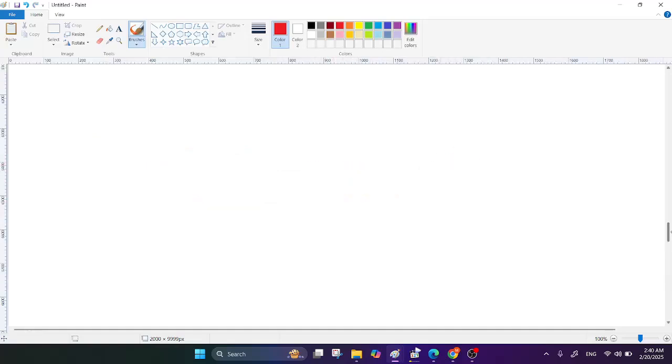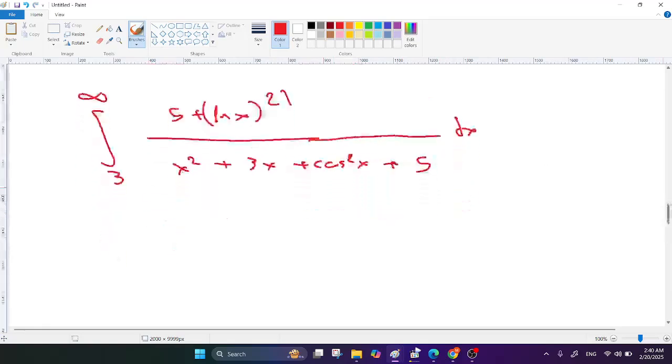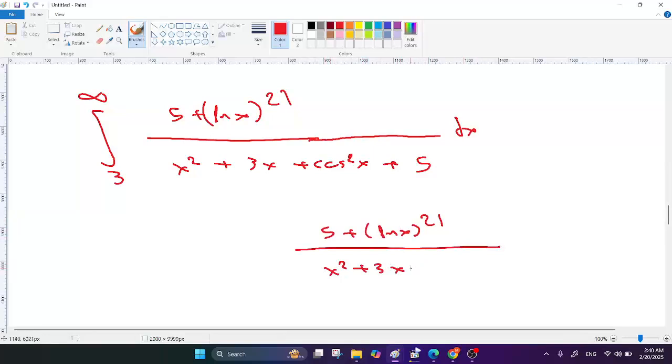dx. How to solve this one? (5 plus ln x)^21 over x squared plus 3x plus cosine squared x plus 5. Okay.